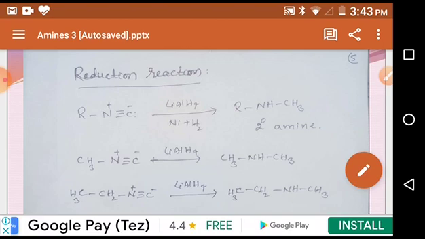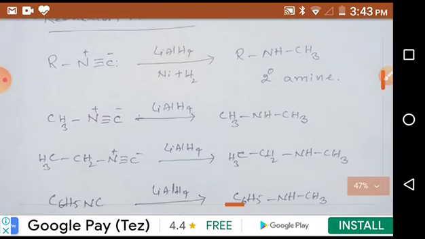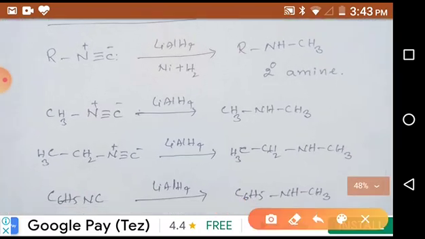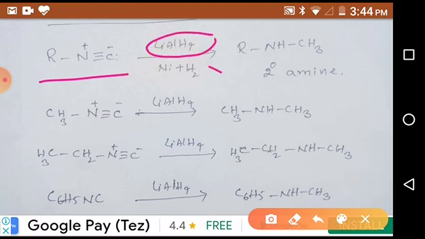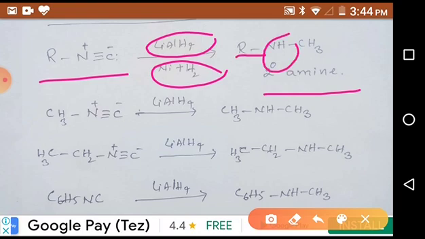Isocyanides on reaction with any one of these reducing agents, either lithium aluminum hydride or hydrogen gas with nickel metal as a catalyst, give a secondary amine. You see, this N is attached to two carbons, one here and one here. That's why it is a secondary amine, a 2-degree amine.